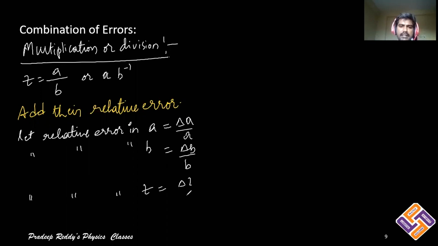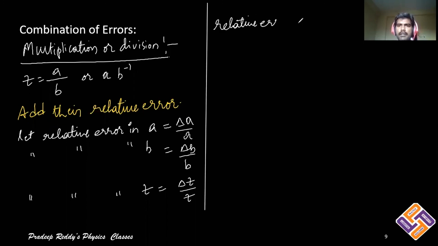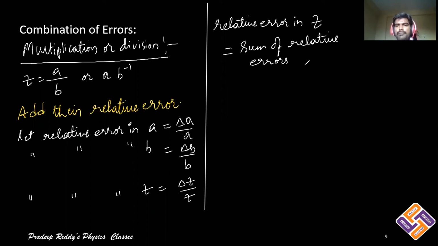Delta Z by Z. So when we are dealing with multiplication or division, simply you can use this relation: relative error in Z is equal to sum of relative errors of all dependent physical quantities.